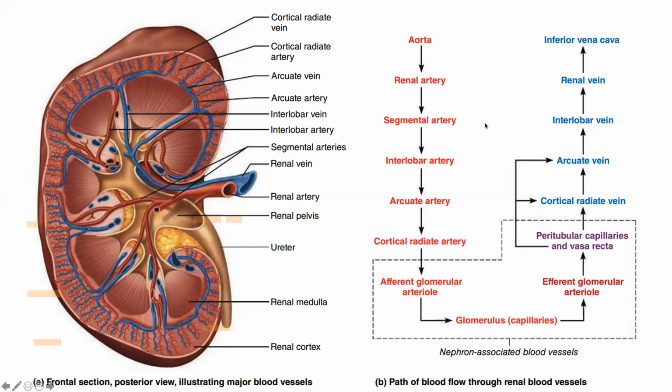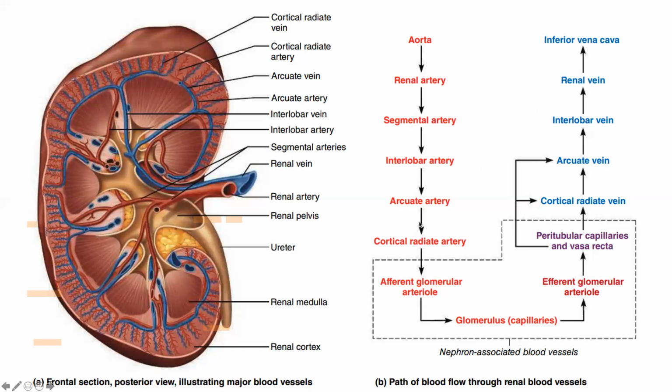We have segmental artery, although in veins, we do not have segmental vein. We have interlobar artery and interlobar vein, arcuate artery and arcuate vein, cortical radiate artery and cortical radiate vein. Here, there is some difference.